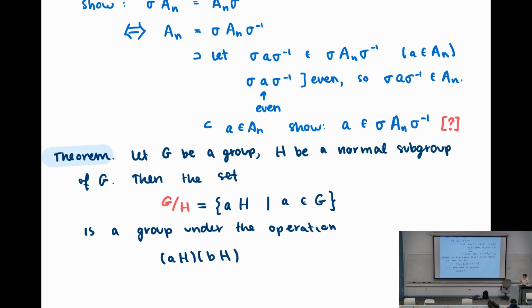So this is going to be given by abH, where this is the group operation. And this is called the quotient group, or factor group.